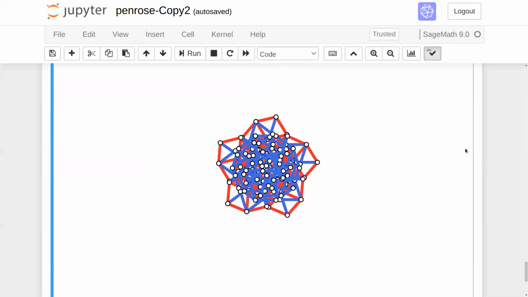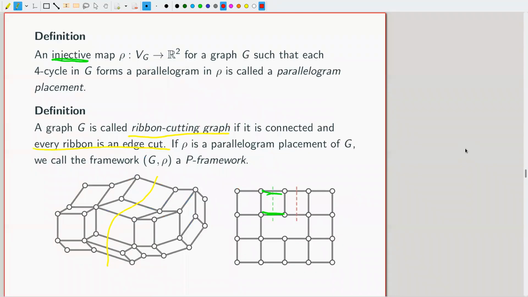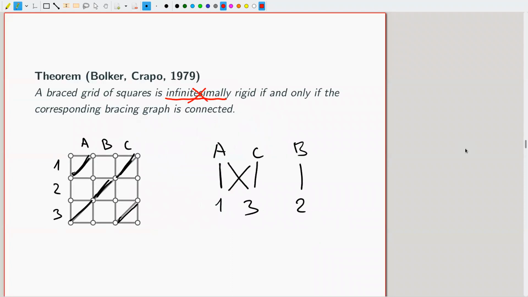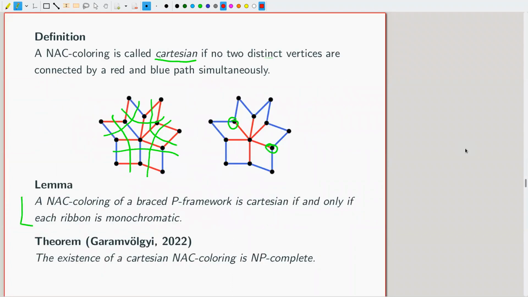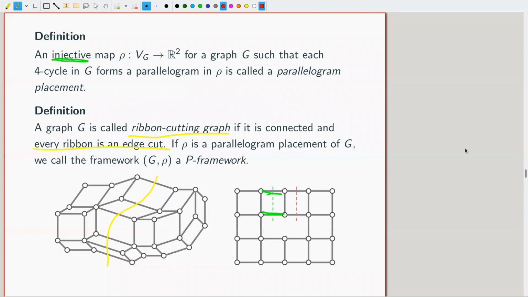So the main problem is that this characterization of Cartesian NAC-colorings using ribbons is not true anymore when you have holes. And also in the grid construction, you get some problems if there are holes, because for instance, this has a hole in the middle.